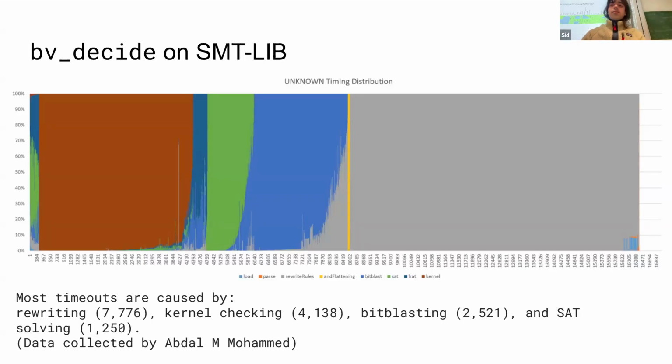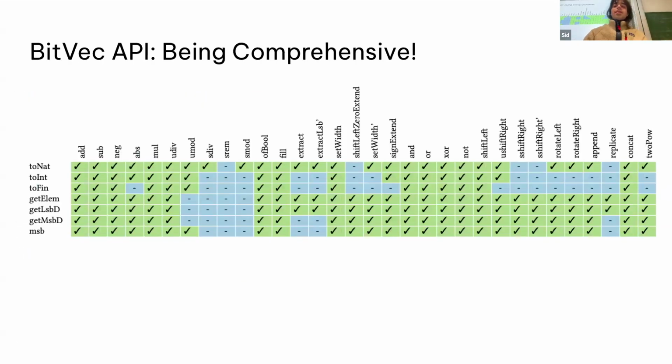And right, in terms of Lean APIs, we keep track of a table where the columns are various operations that you can do on Bitvectors, and the rows are ways you can extract information from a Bitvector. Given a Bitvector, you can say, hey, please interpret it as a natural number, as an integer, or give me the kth bit, or give me the most significant bit. And then you have operations like add and sub and neg and abs and whatnot.